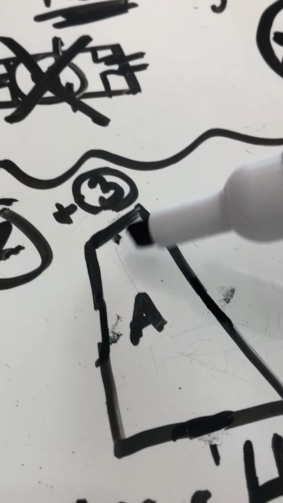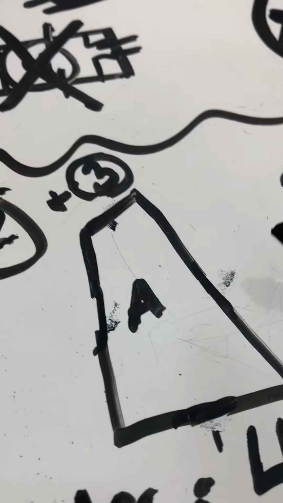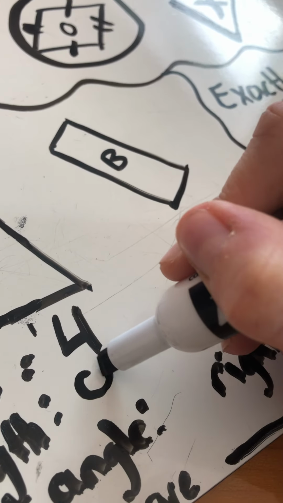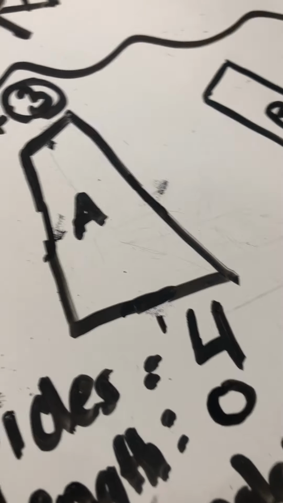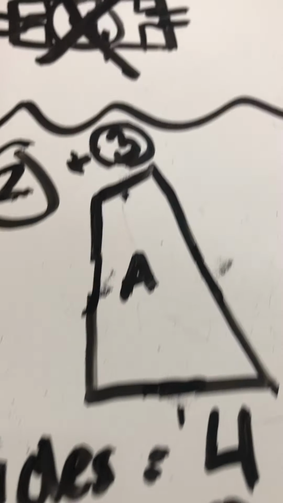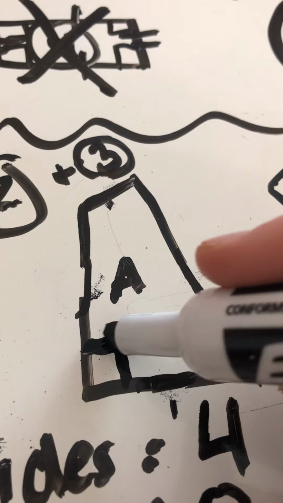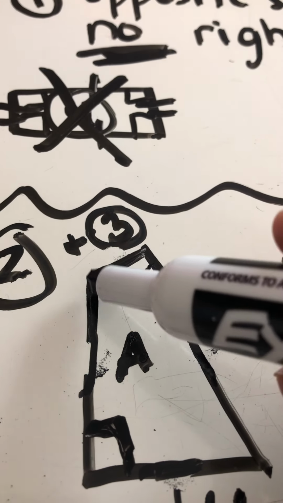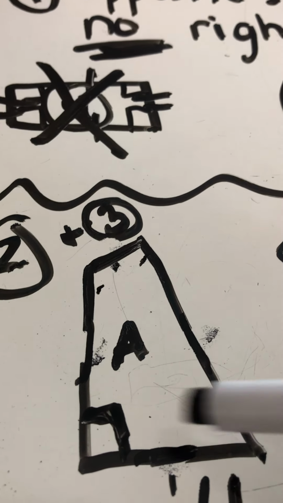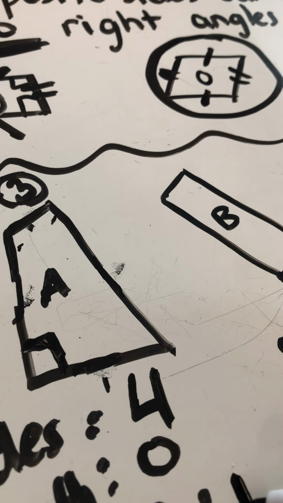Let's look. This is kind of small. This one and this one definitely not equal. This one and this one not equal. So no sides have the same length. Does it have any right angles? I see one right angle right here. This one's not a right angle. Nope. And definitely nope. One right angle.